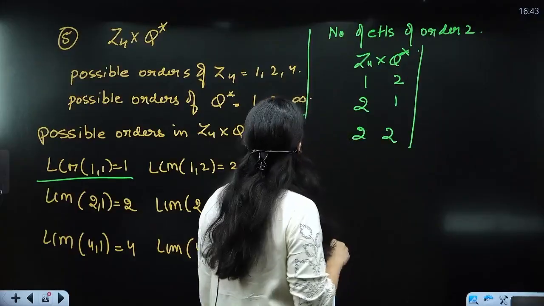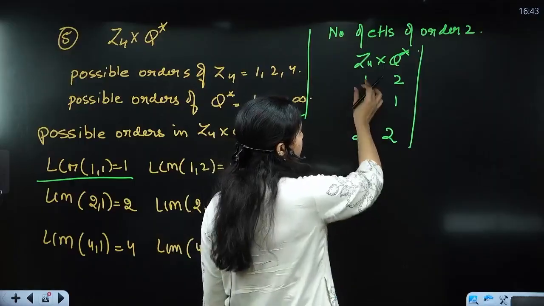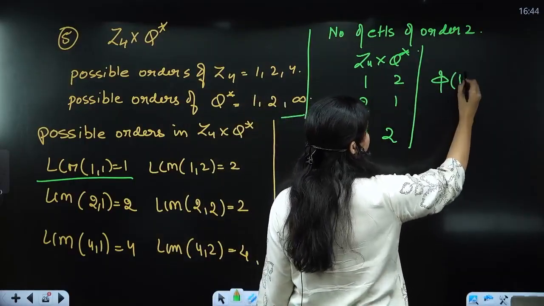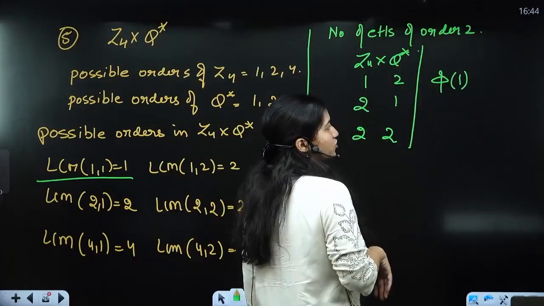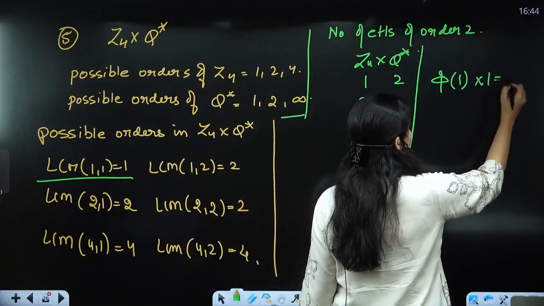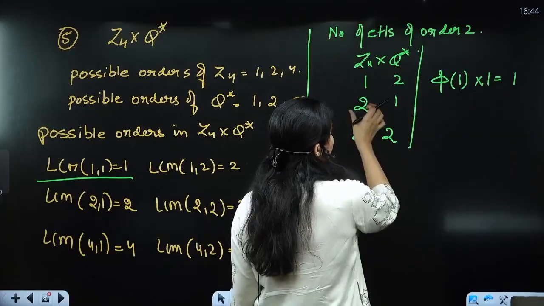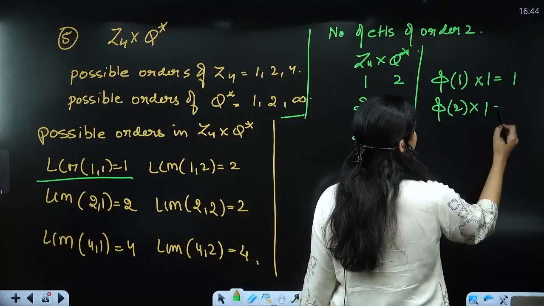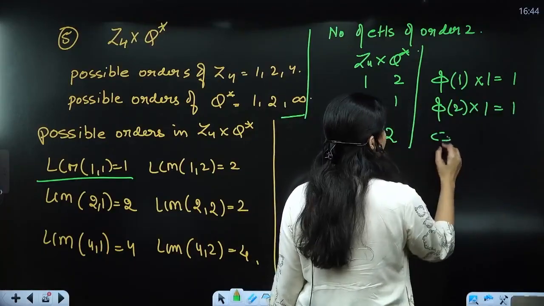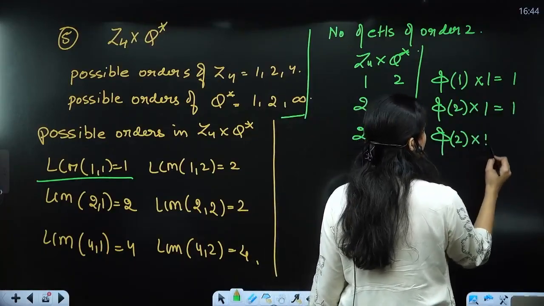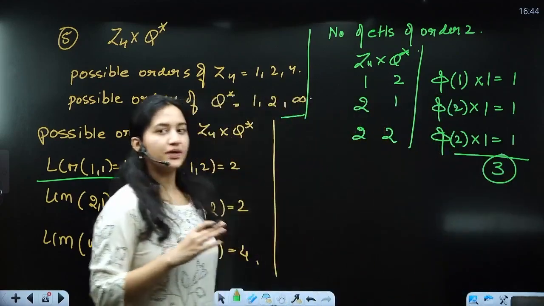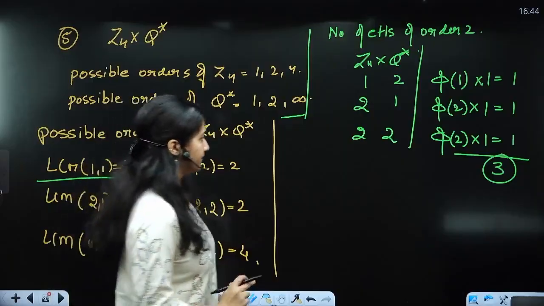Now, the number of elements of order 1 in Z4 is phi of 1. The number of elements of order 2 in Q star is 1. This is nothing but 1. The number of elements of order 2 is phi of 2 into 1, that is 1. And then again phi of 2 into 1, that is 1. So there are a total of 3 elements of order 2 in Z4 cross Q star.